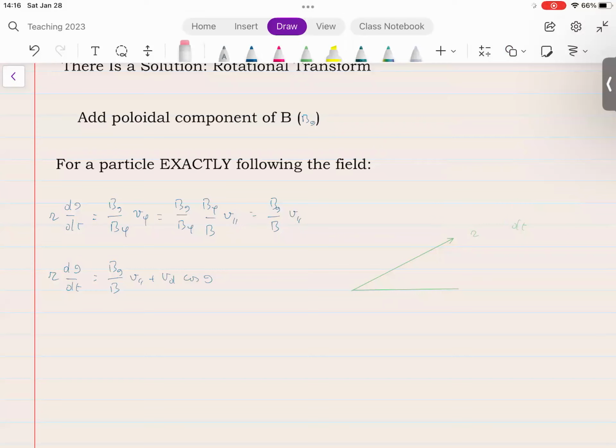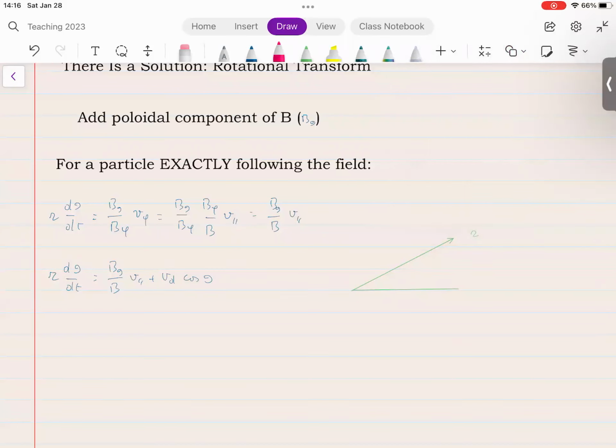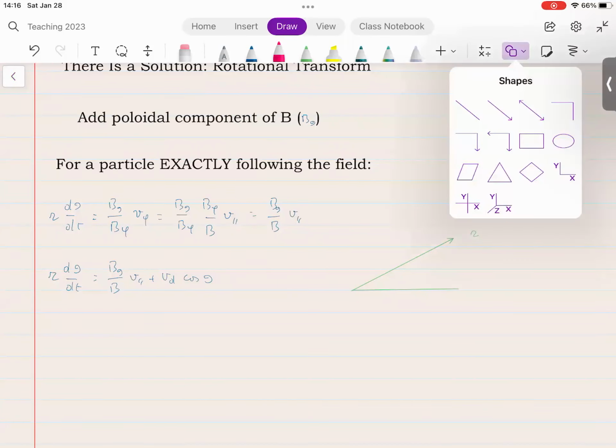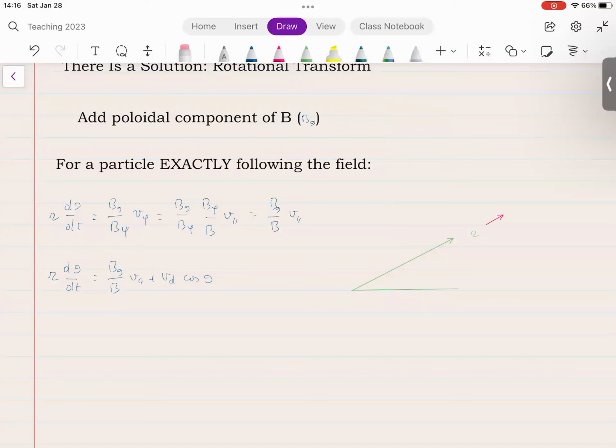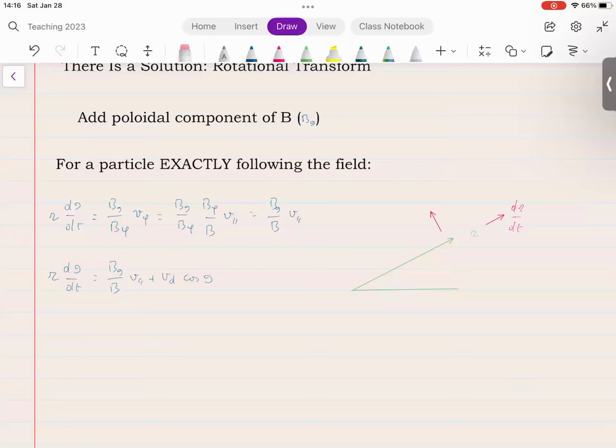Let's do it in a different way. I hope having different colors helps. So here I'm writing velocities. Dr dt is the radial velocity. R d theta dt is the polar velocity. And last but not least, v drift is the drift velocity.